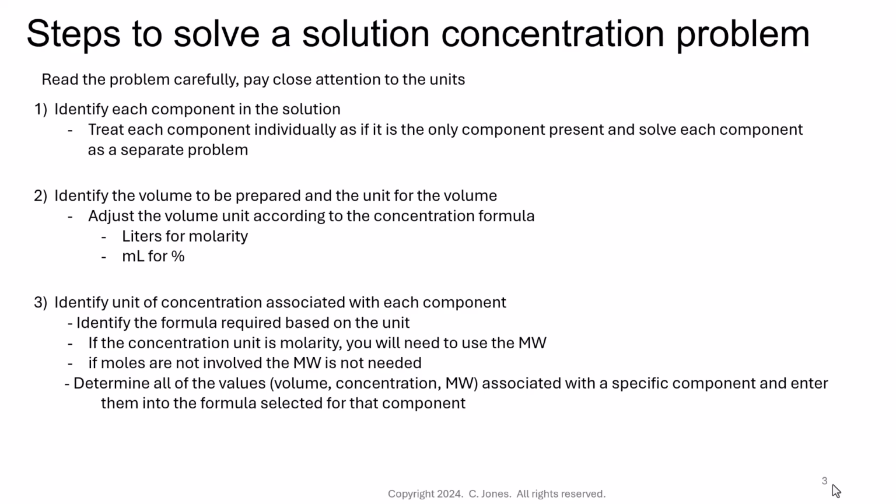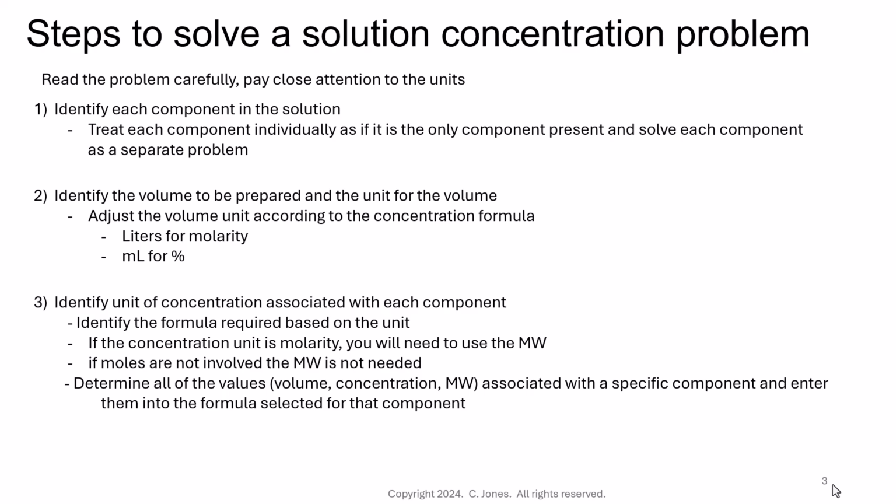If the concentration is in molarity, then you're going to need to use a molecular weight, so you will need to determine the molecular weight. If moles are not involved, then the molecular weight is not needed. Even if the molecular weight is given in the problem, but the problem is a percentage problem, you do not need the molecular weight.